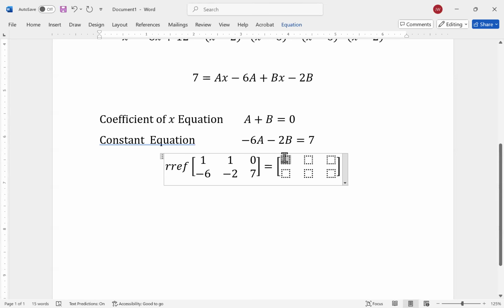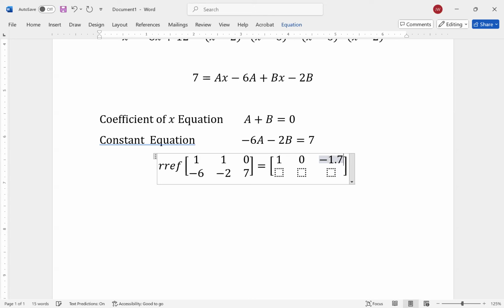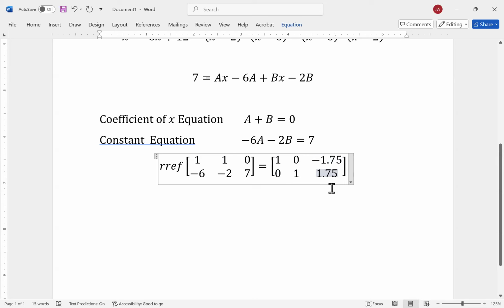So when it's all said and done, I ended up with 1, 0, negative 1.75, and then 0, 1, and then positive 1.75. You can check that on your own. If you plug in negative 1.75 for A and positive 1.75 for B, they do add to 0.